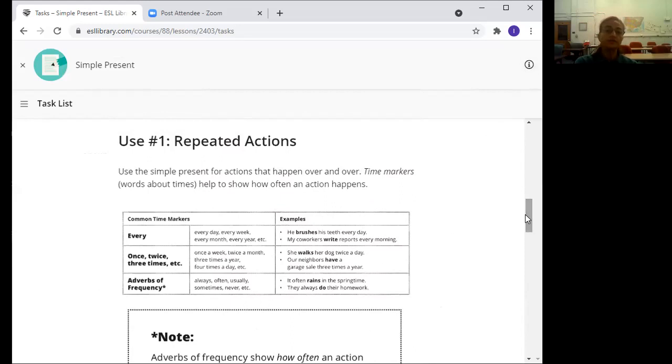We have simple, we have progressive, we have perfect, and we have perfect progressive. And all of these four groups, they have a present tense. So here we're only talking about simple present tense. How is it different from all other tenses, and in what situations do we use the simple present tense?